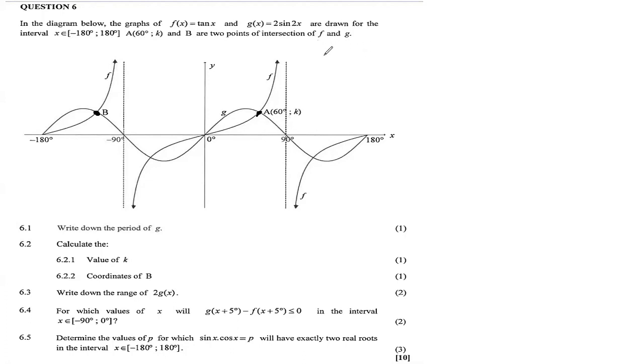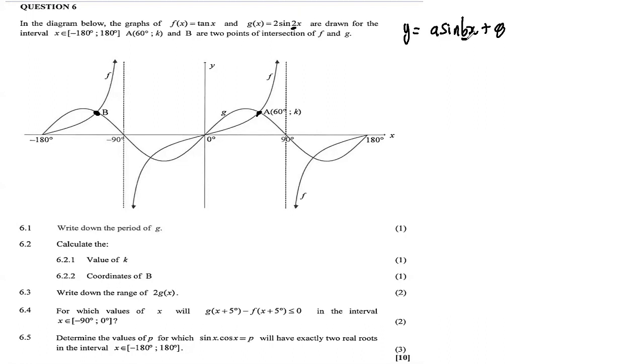Now, this is what you need to note about the period. The format of these equations is a sin bx + q, or it could be cos, it could be tan here. You need to understand the effect of the b here, which is the number between the trig ratio and the x.